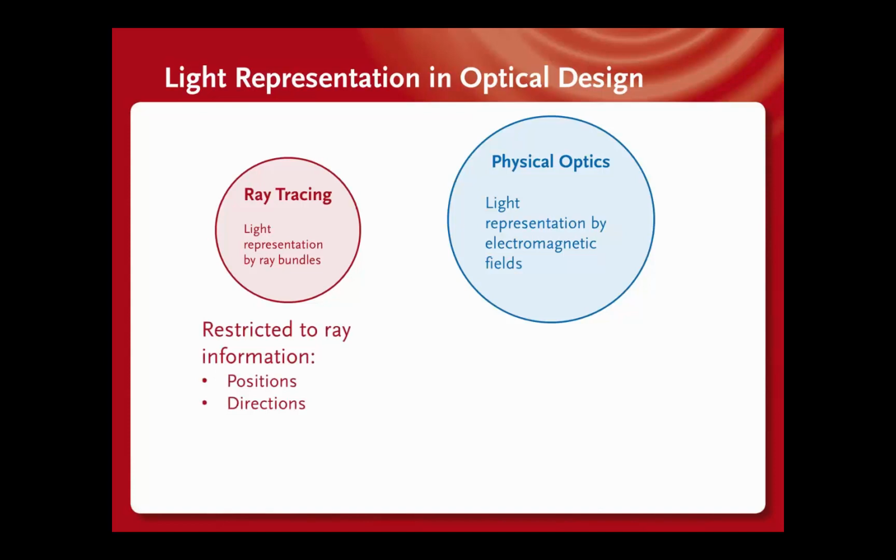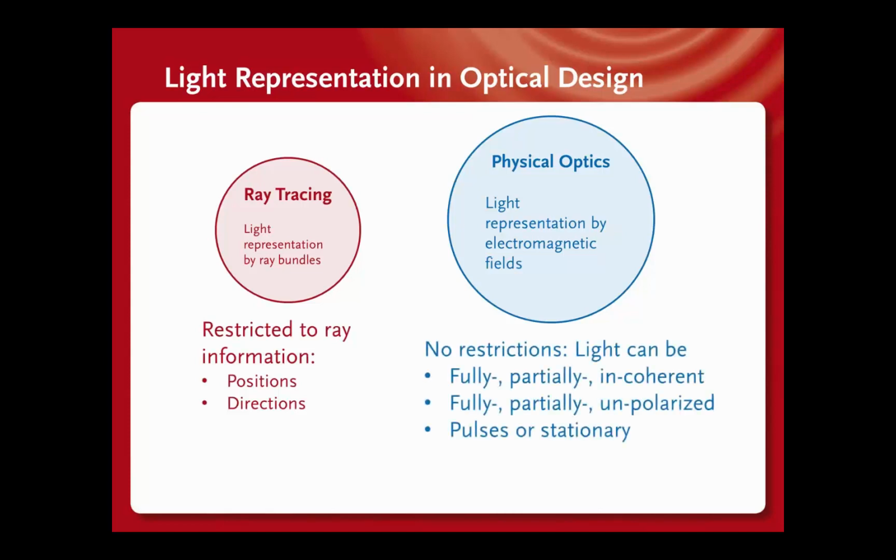Sometimes we also have a little bit more information like power or polarization. This depends a little bit on the ray tracing software. If we work with physical optics modeling, then we use an electromagnetic field representation, and electromagnetic fields can always carry all information of a light distribution.